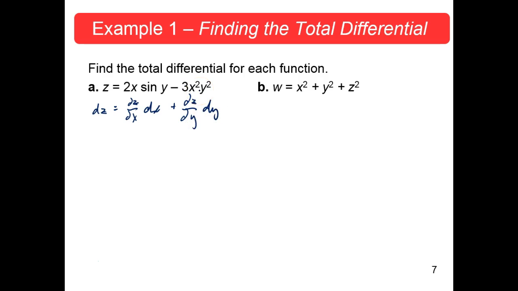Now again, that should sort of suggest to you what we're talking about here. This is how much z is changing when you change x a little bit. This is how much z is changing when you change y a little bit. And then this would be the total of how much you change when you change them both. And those are the differential of z. Okay?